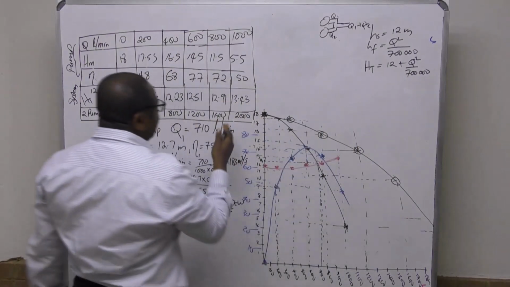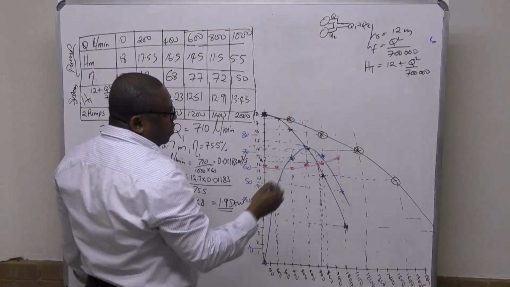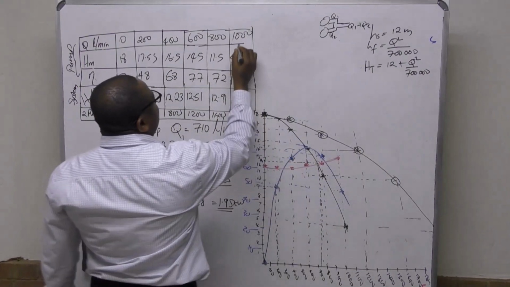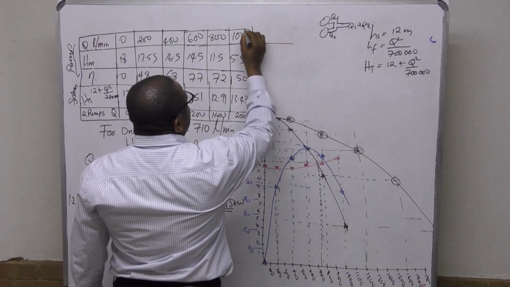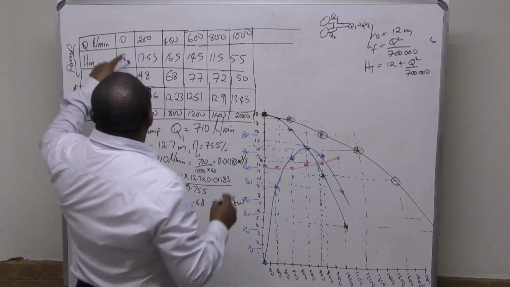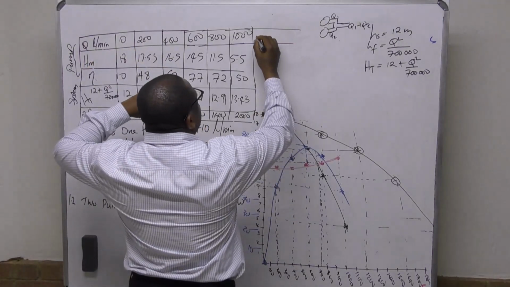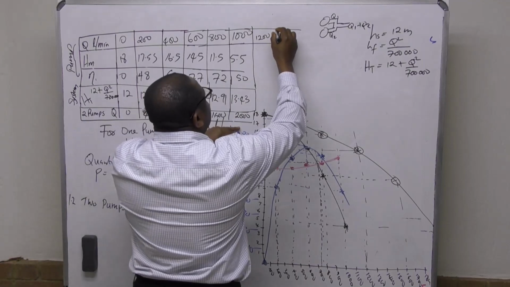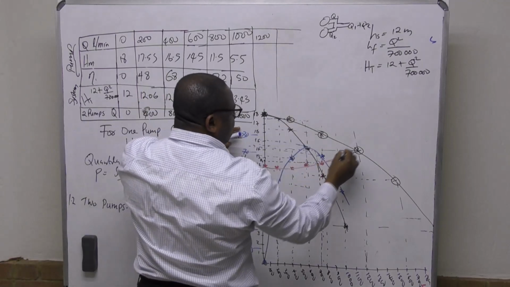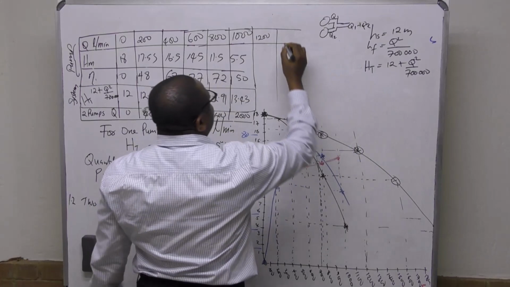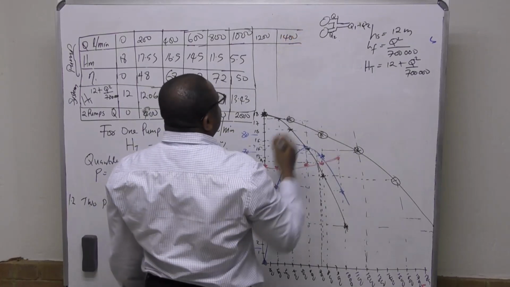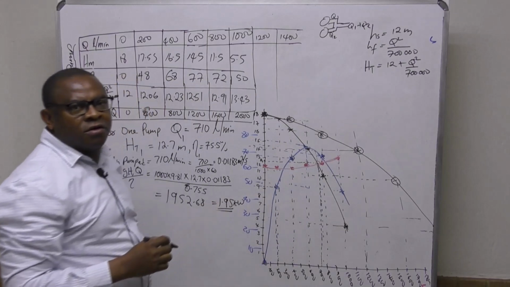If I have more flow, this can go up a little bit so I can cut across this. So let me say 1,000, 1,200, just to see where we pass through, and also 1,400. Just want to see what we get there.